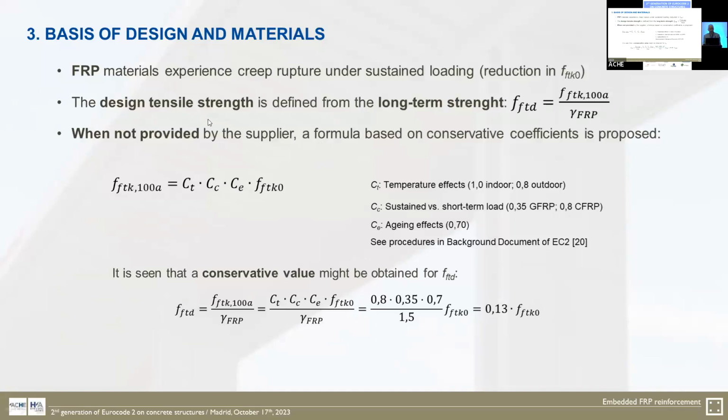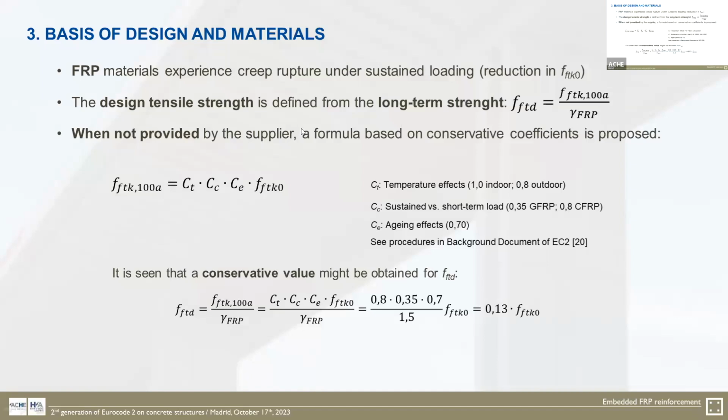Another thing to emphasize is that FRP materials experience creep rupture under sustained loading. So this means there is a reduction of the strength compared to the short-term load, so the normal test we do. So the design tensile strength is defined from the long-term strength after 100 years. And then, according to the annex, a partial factor is applied.